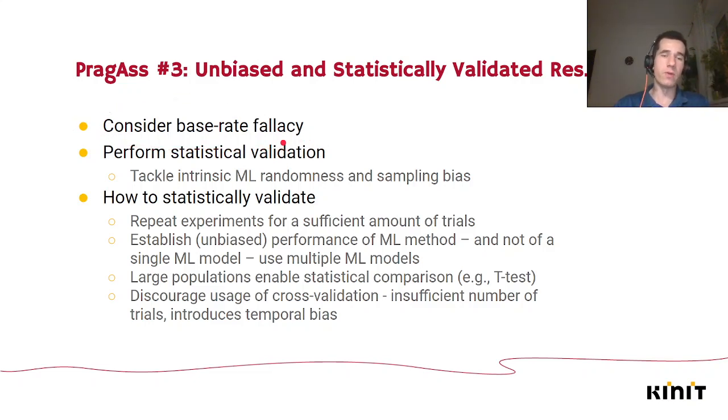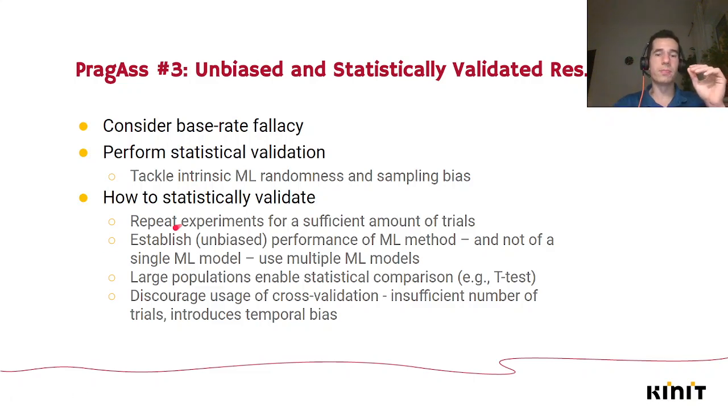We've talked about it before, and we should perform statistical validation, which is a really important step in providing sound results. Why? There is some intrinsic randomness in machine learning and in the sampling as well. So what we want to do is to minimize this bias by statistically validating our results.